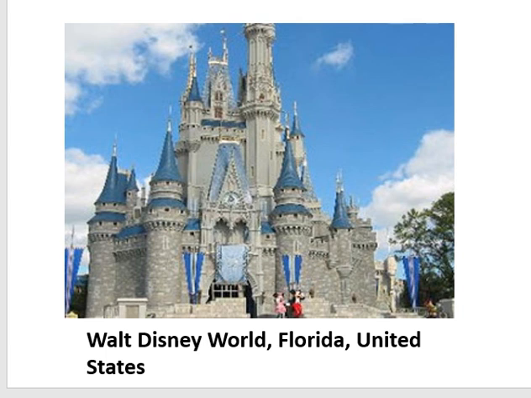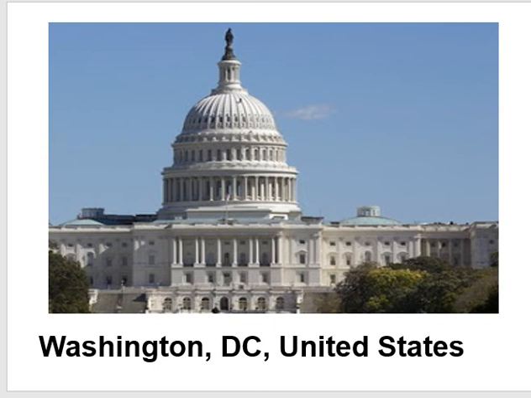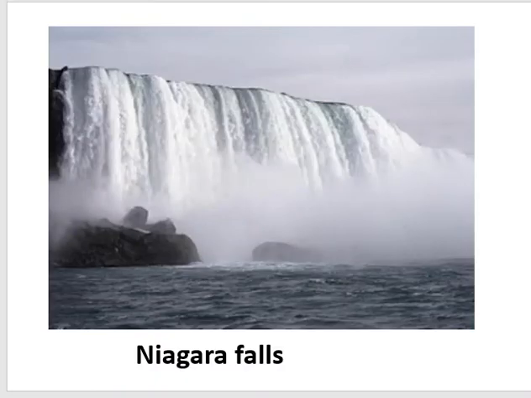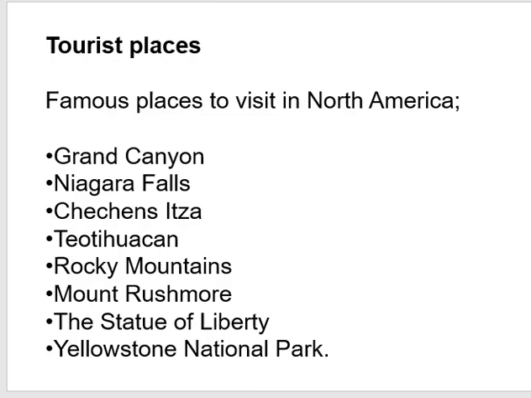So we have the Disney World in Florida, United States, and I have Washington DC in United States. So these are all interesting places that you visit, tourist places that you visit for enjoyment, for sightseeing, for refreshment, to relax, for recreation.